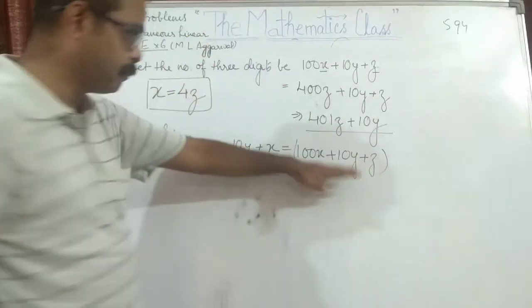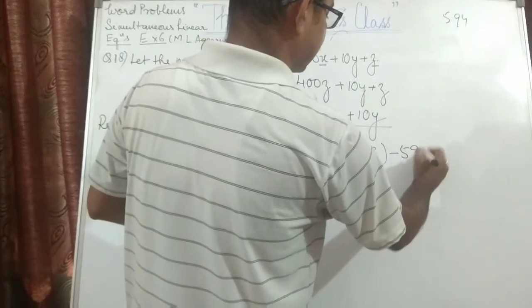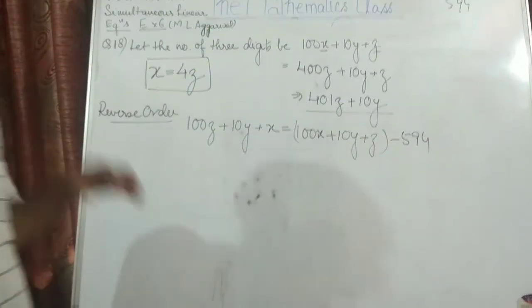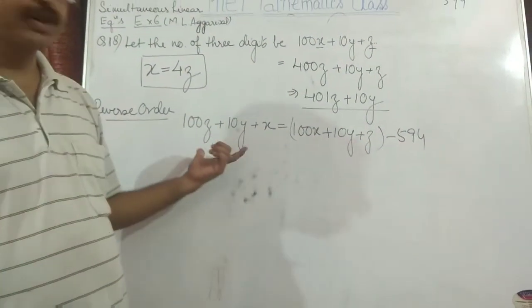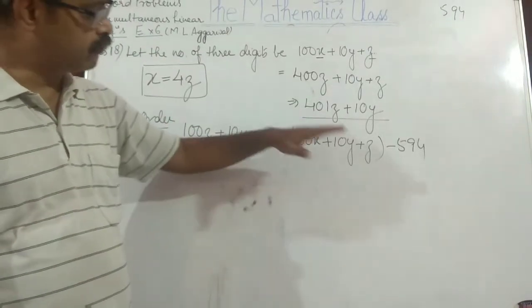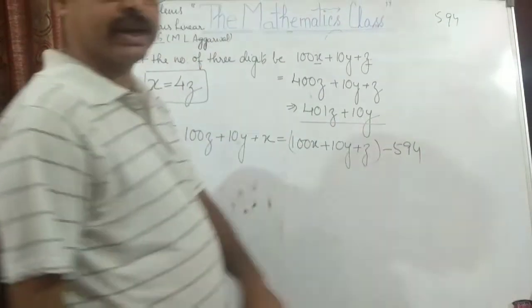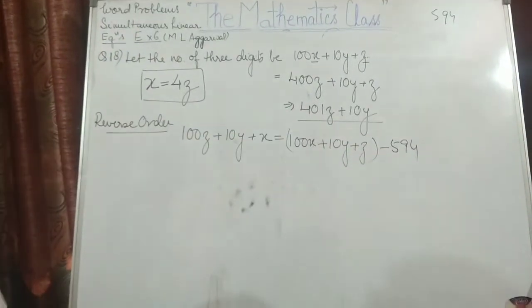The value of the number is decreased, means minus 594. This is the second statement. If the digits are reversed, then the value of the number decreases by 594. It decreases, so we can write it like this.